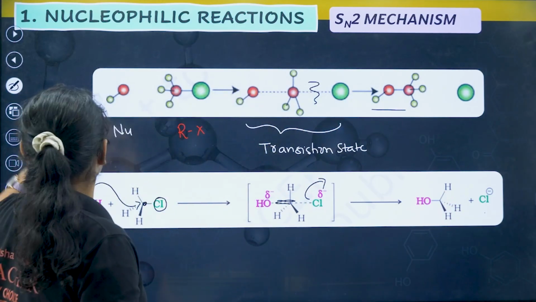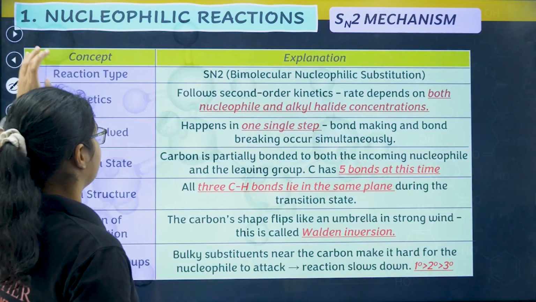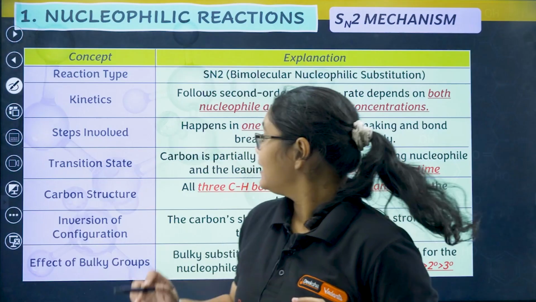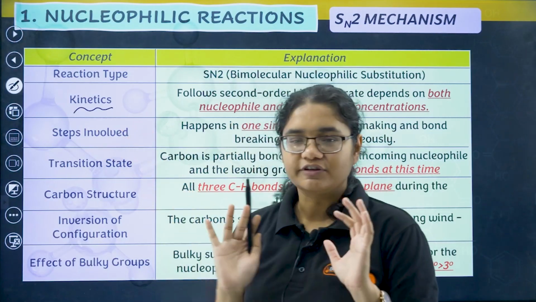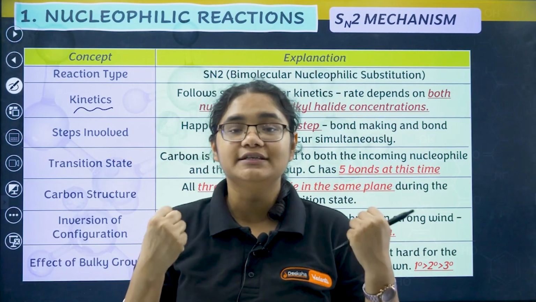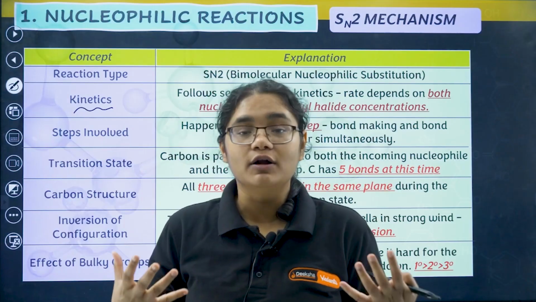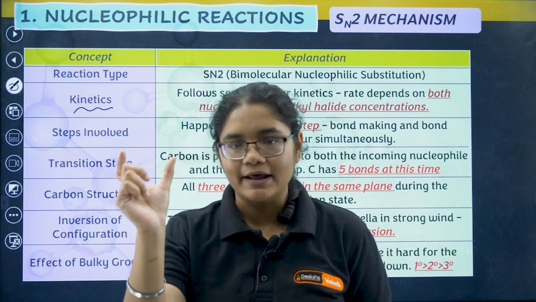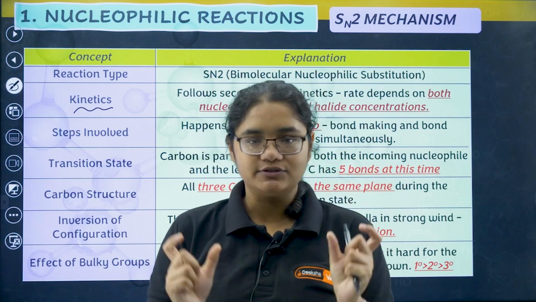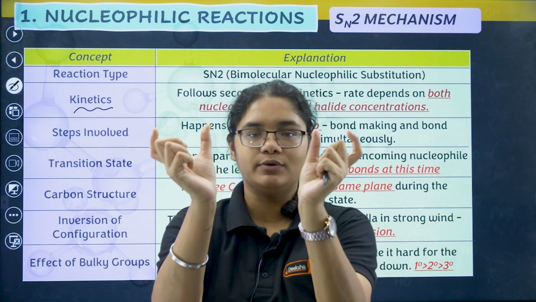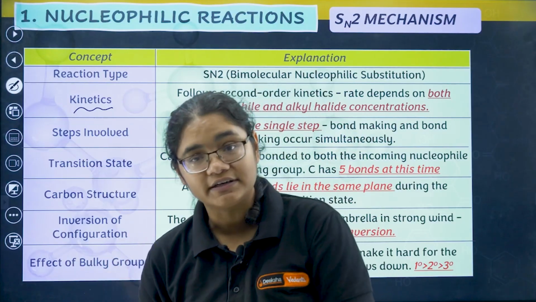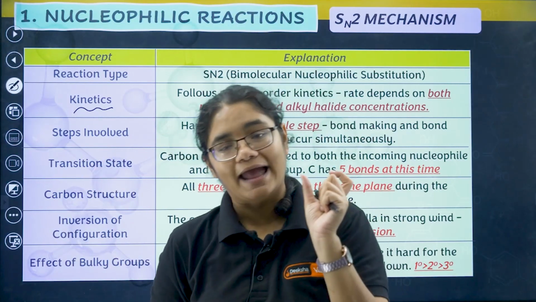Now let's understand some more points about the SN2 mechanism. First of all, the reaction type is SN2. What is the kinetics here? When the reaction is happening, it depends on which factors? Both RX and Nu are present, so the reaction rate will depend on the concentration of both RX and Nu.